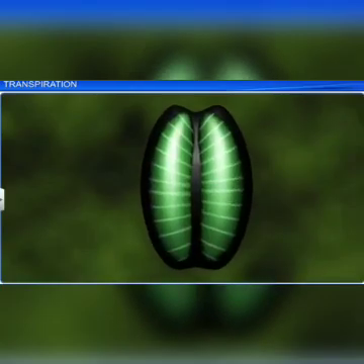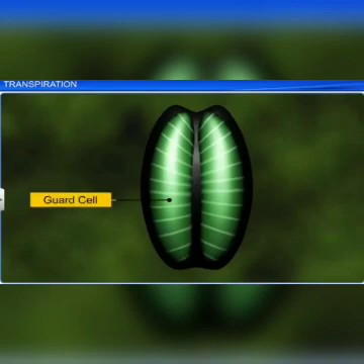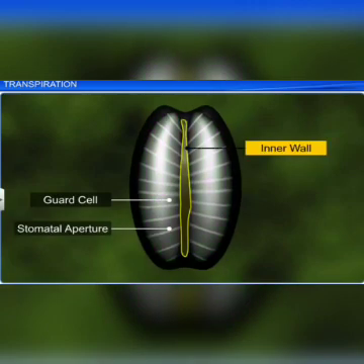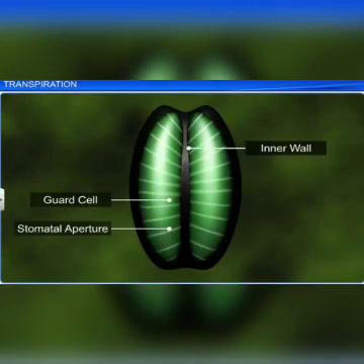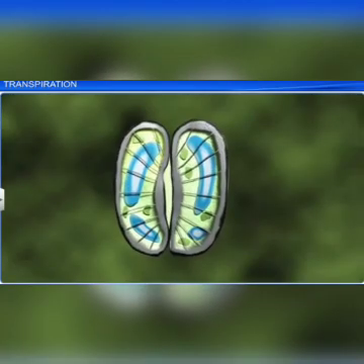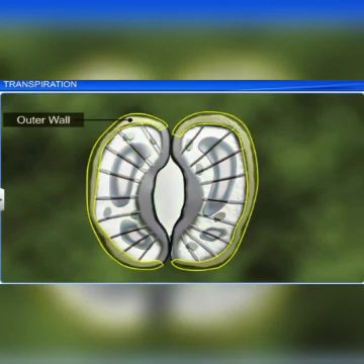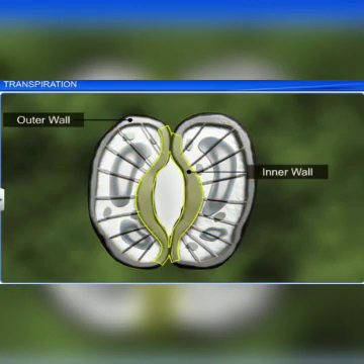Their opening and closing is directly impacted by the turgidity of guard cells present near the stomatal aperture. The inner wall of each guard cell is thick and elastic. When turgidity inside two guard cells increases, the outer walls bulge and force the inner walls to take the shape of a crescent.